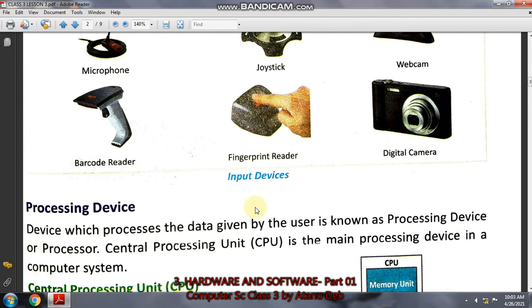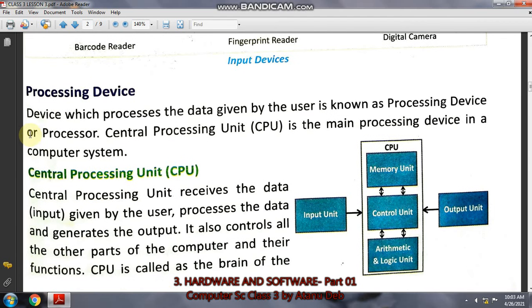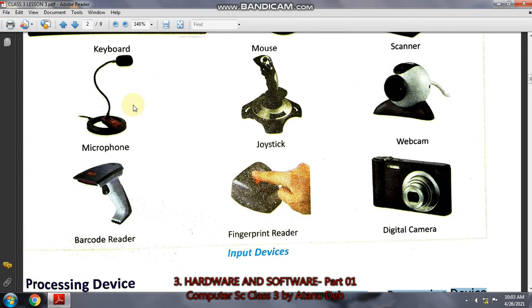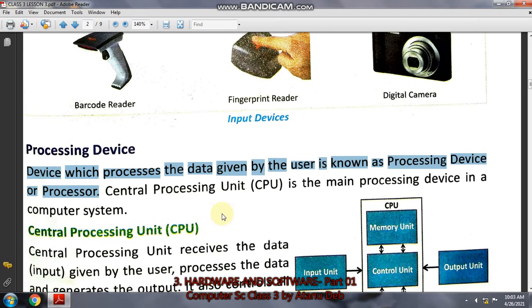Then we go to the processing device. What is a processing device? A device which processes the data given by the user is known as a processing device or simply a processor. Whatever instructions you are giving with the help of keyboard, mouse, microphone, etc. have to be processed by the computer.